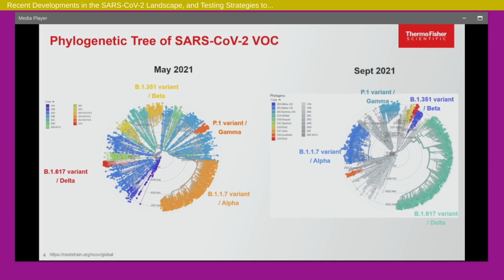You still have the beta, which is right here, this dark blue one. The gamma is still hanging around. And now, very interesting, you can see this little thing. That is actually the mu variant. These are things that we need to keep an eye out for. But you can see a complete shift and the domination of B.1.617 taking over, because of the high transmissibility of this strain.